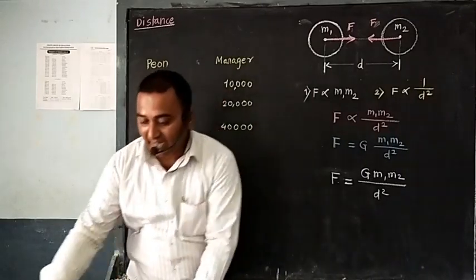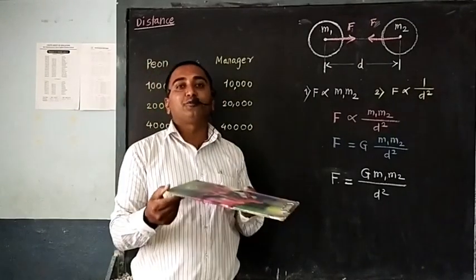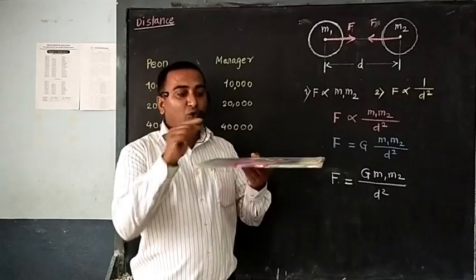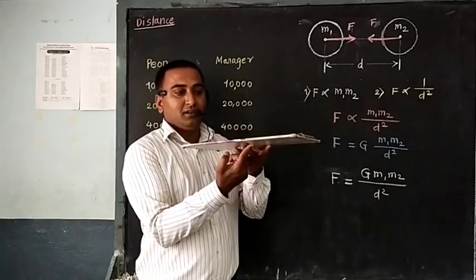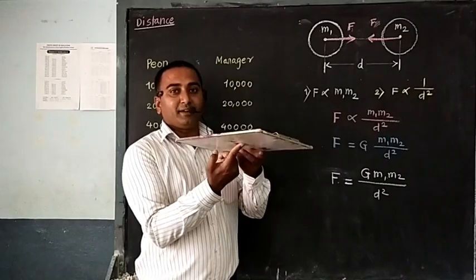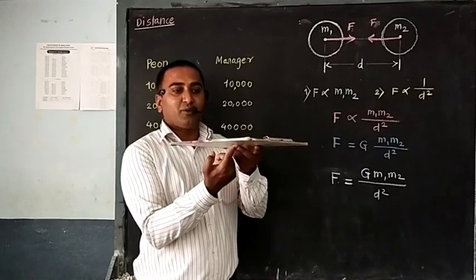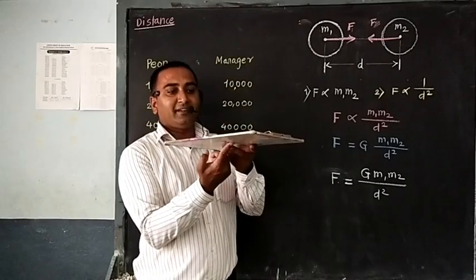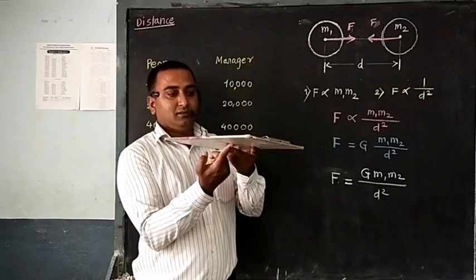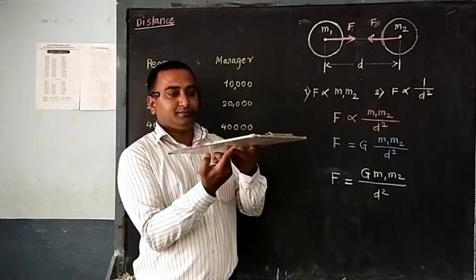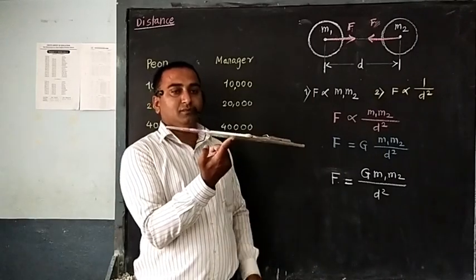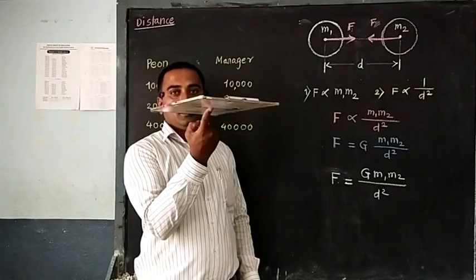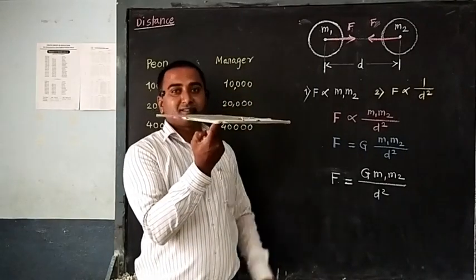If it is a writing pad, how to find the center of mass? Hold this writing pad on your finger at exactly one point. There is one point within this writing pad at which it gets balanced.